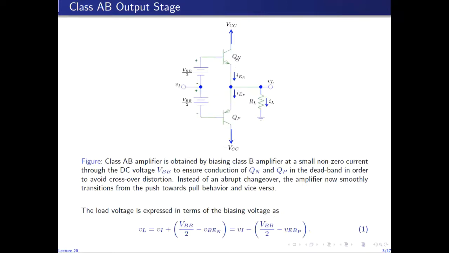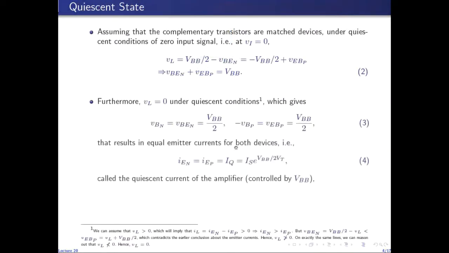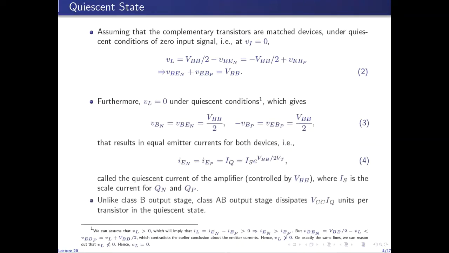So the total power dissipation is 2 times VCC times IQ, with Qn dissipating VCC times IQ and QP dissipating VCC times IQ. So in the quiescent state, the class AB output stage dissipates VCC times IQ units of power per transistor when there is no signal applied at the input.